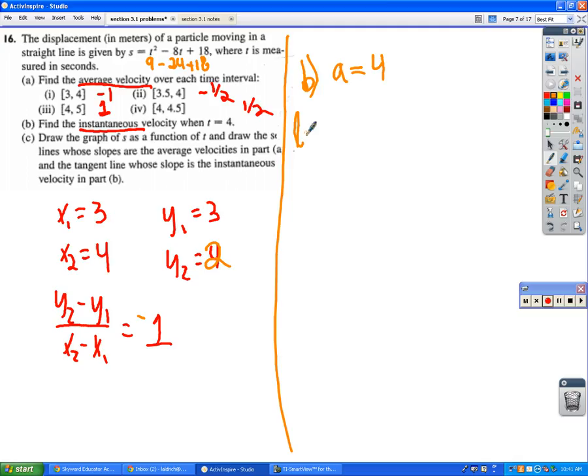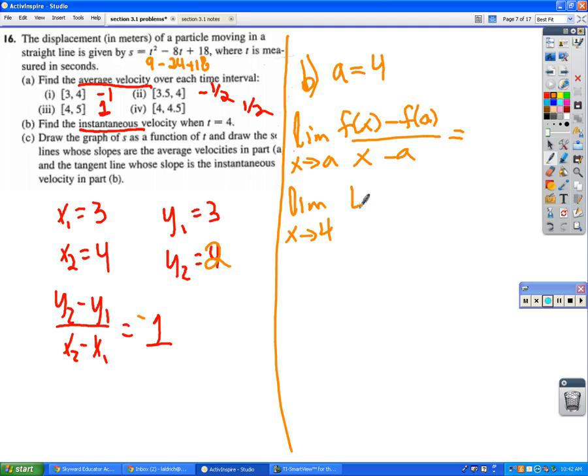Okay, so my definition is the limit as x approaches A of f of x minus f of A divided by x minus A. So in this case, that is the limit as x approaches 4 of f of x, which is, I'm going to go with x's to be consistent, x squared minus 8x plus 18 minus f of A. What's f of A? 2.